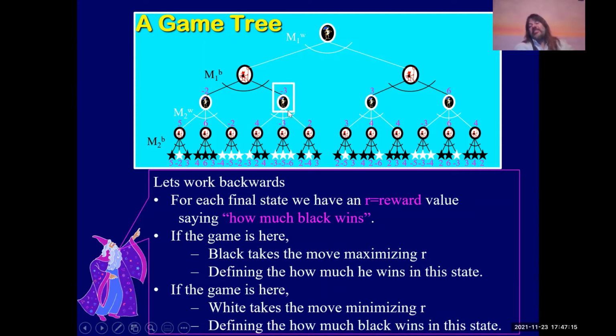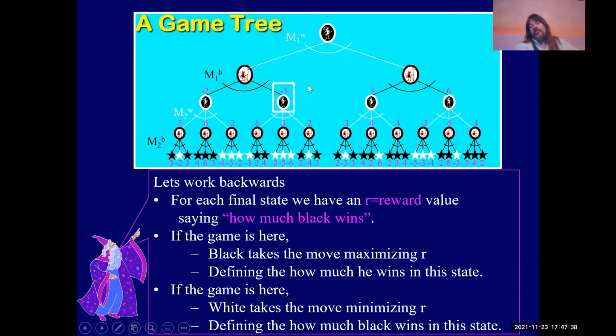And so these numbers now tell you how much black is going to win by in this state: -3, which means he's going to lose, right? In this state, he's going to lose because white's going to go this way, which is all white.